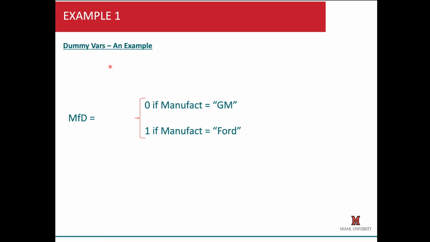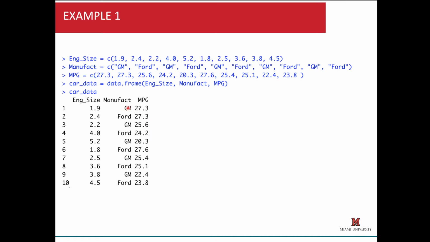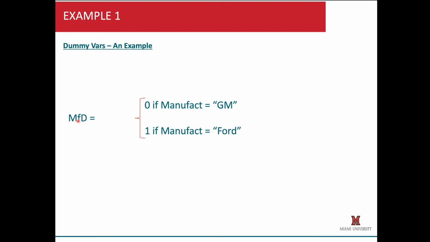For instance, we can do the variable mfd and select GM to be the base level. So we would create the Ford dummy variable, let's say we call it mfd, and it would be 1 if equal to Ford and 0 otherwise. In this case, the otherwise means the manufacturer is a GM car, so there's no more option.